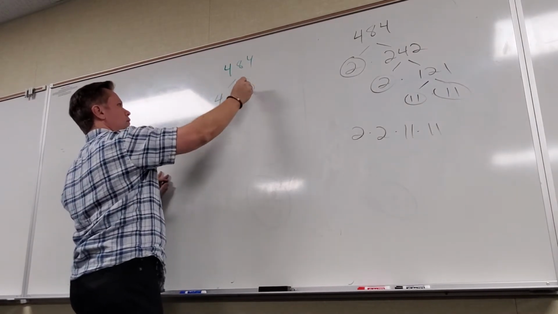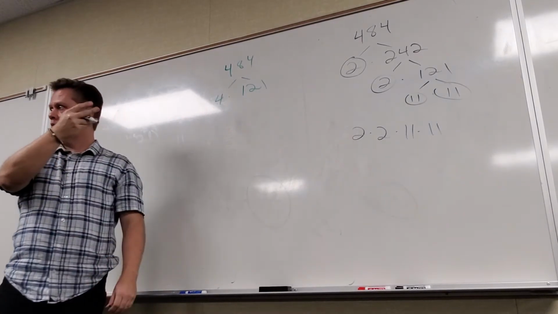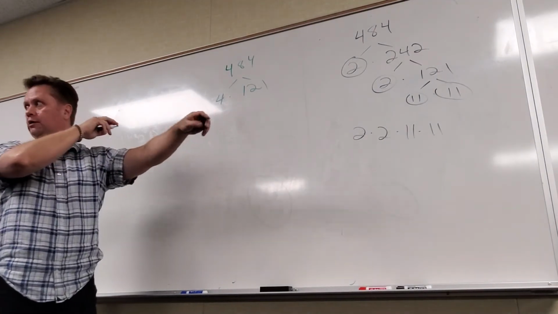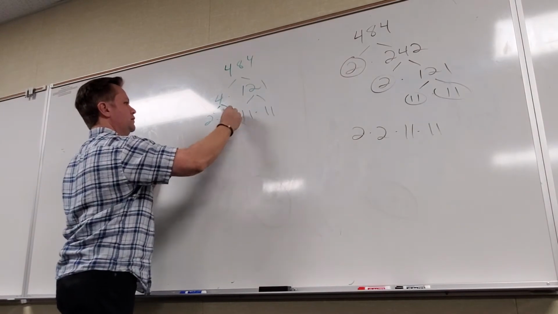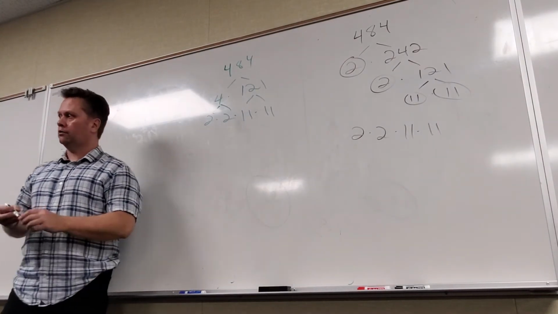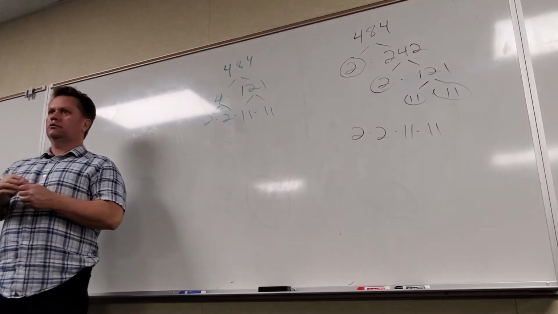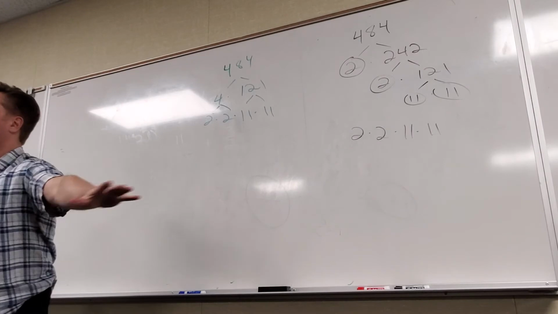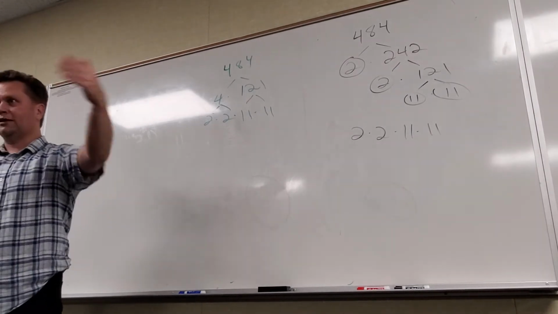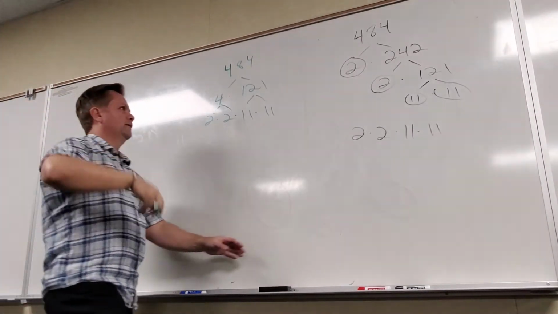I'm not done. If I keep going, I'm going to end up there again, aren't I? What's 4? 2 times 2. What's 121? 11 times 11. See, I end up there no matter what I start with. So it doesn't matter what you take off the car first. If you take it all the way apart, you're going to have the same pile of parts, right? Then the owner's going to come back and say, what the shit? All right.